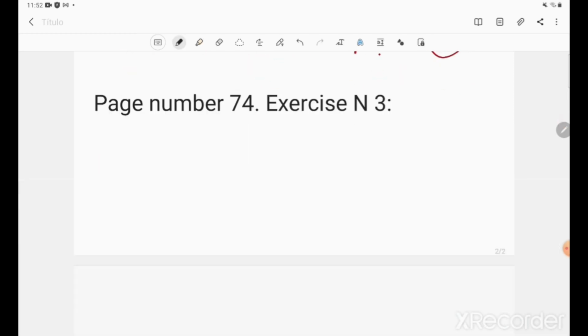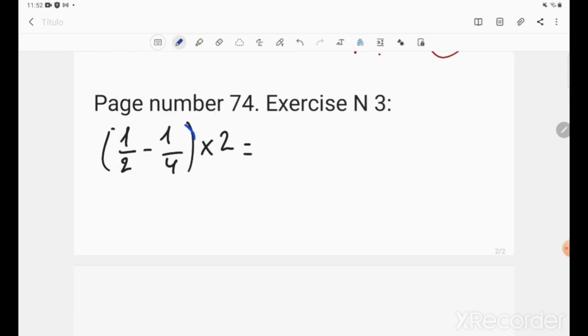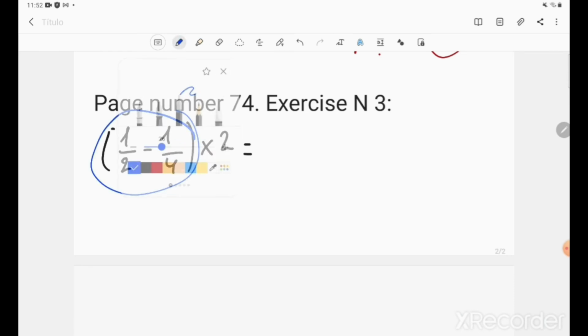Here in exercise number 3 we have open brackets, and we have 1 over 2 minus 1 over 4, and outside we have a multiplication again. So same as before. First we're going to do the subtraction, and then we are going to multiply.